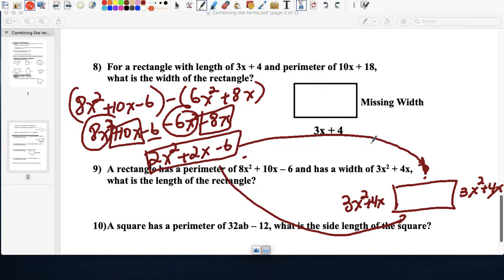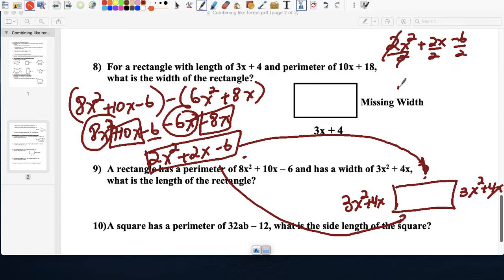But because they're opposites, it's a rectangle, each side has the exact same value as the other one. We're going to divide that by 2, and if I divide that by 2, I get the measurement of the length. So take that expression, and I want you to divide each term by 2. That by 2, that by 2, that by 2.